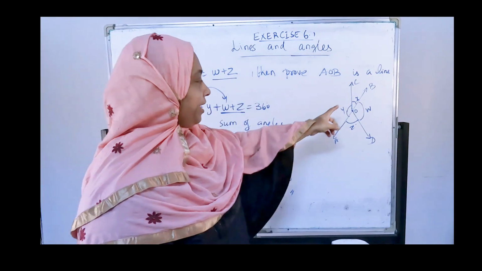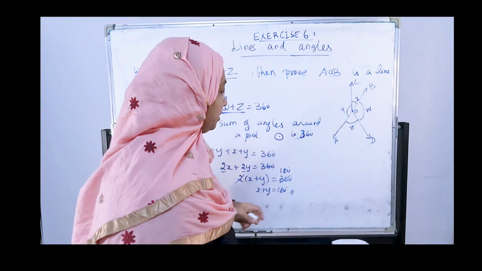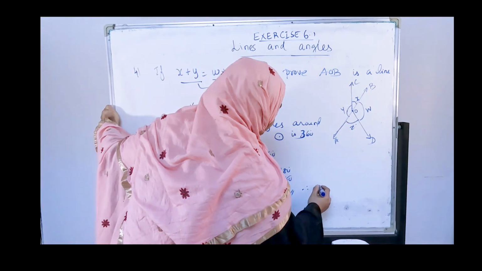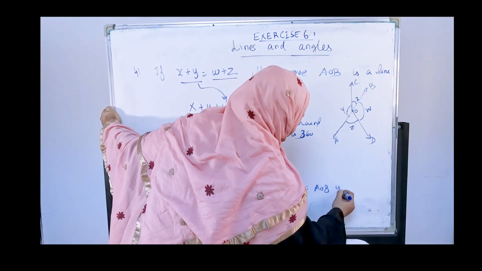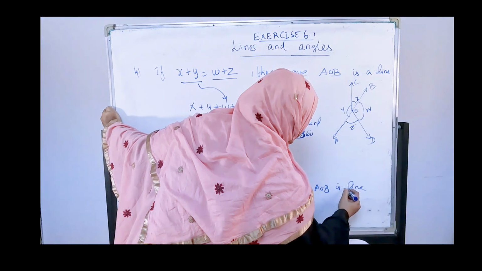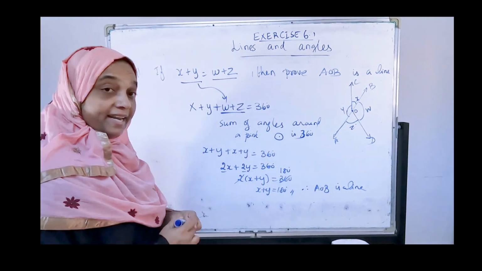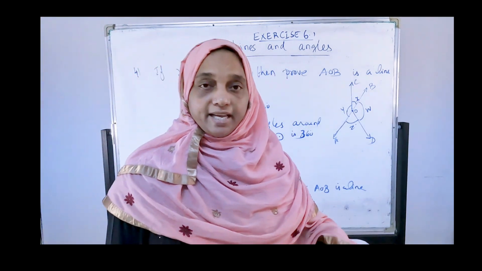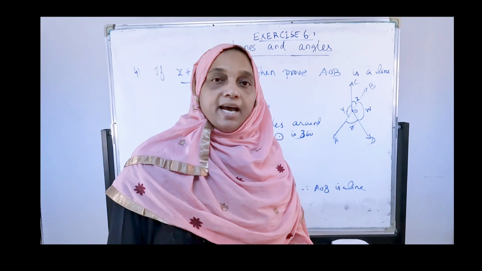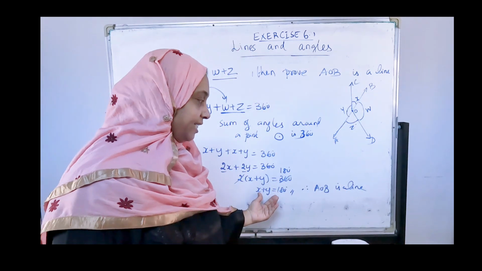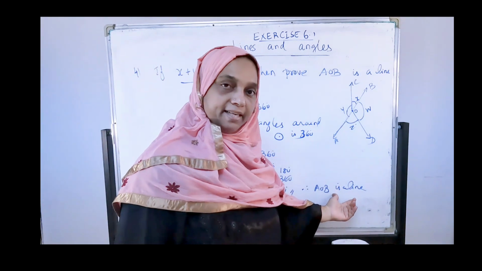So x plus y has 180 degree, we proved. So therefore AOB is a line. If 180 degree those angles are making as a linear pair, then we can bring as a line.